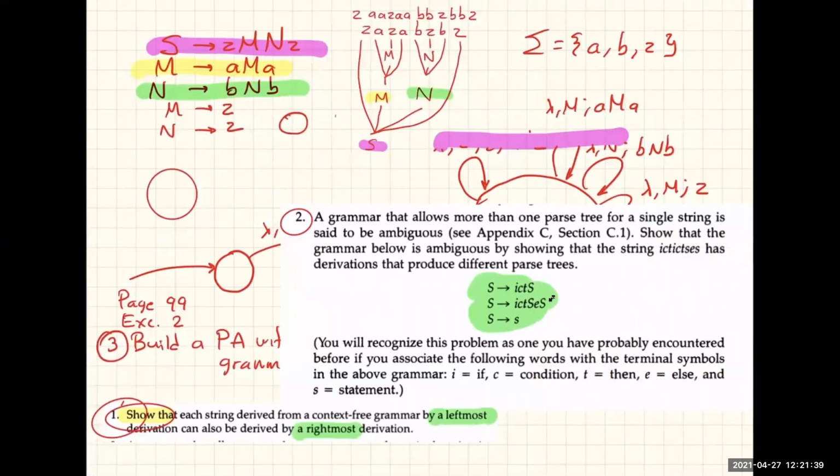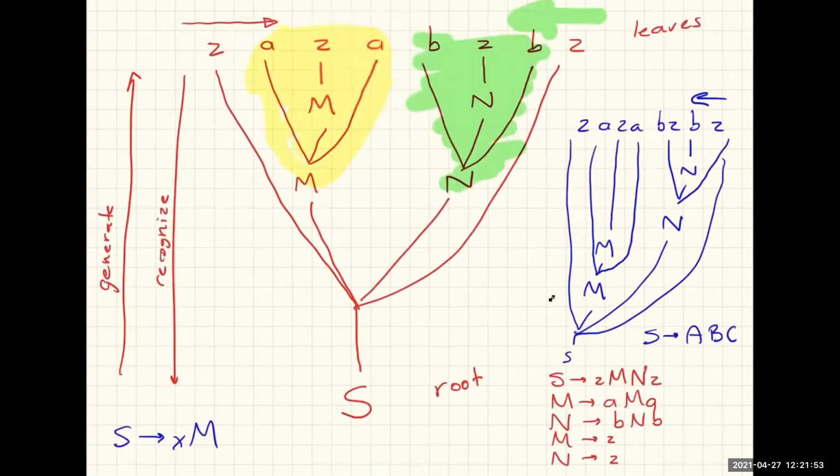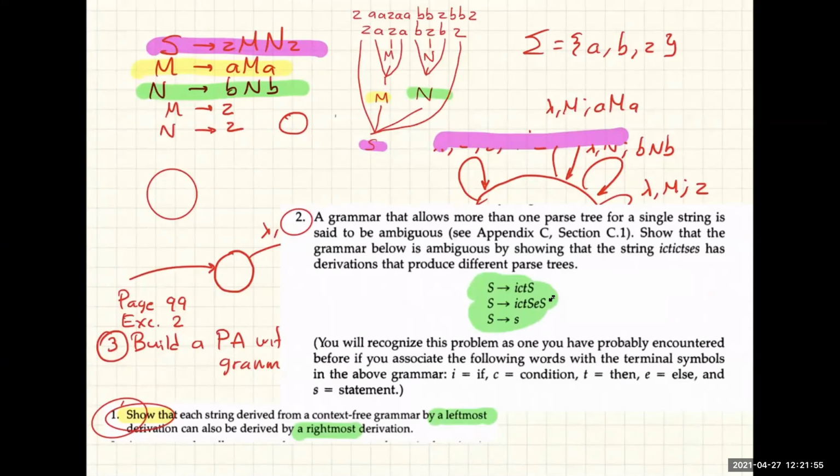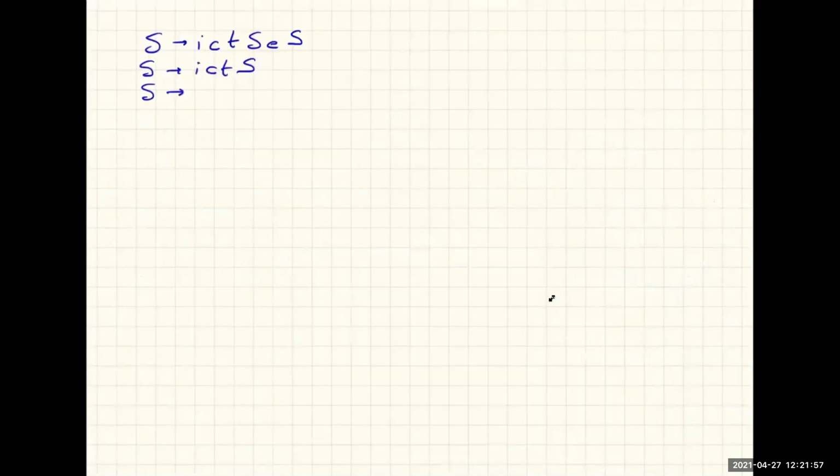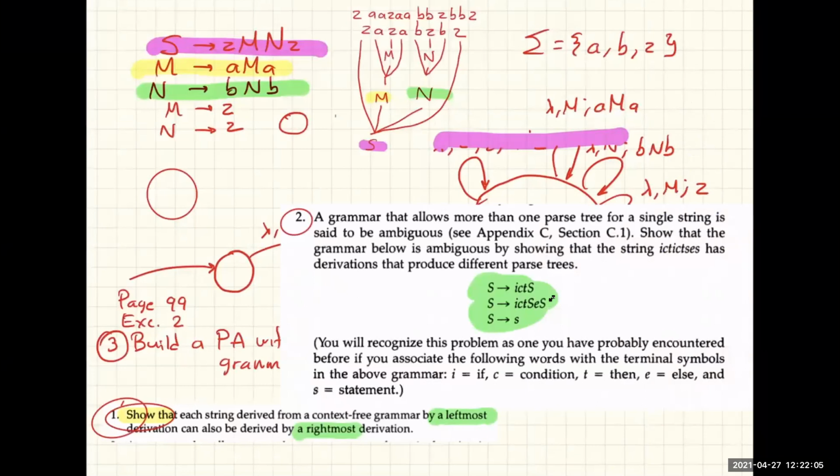the grammar: S to if C then S else S, or if C then S, or just S, sentence. Let me see if I can remember it correctly. And the homework, sorry, please close your eyes so you don't get dizzy.